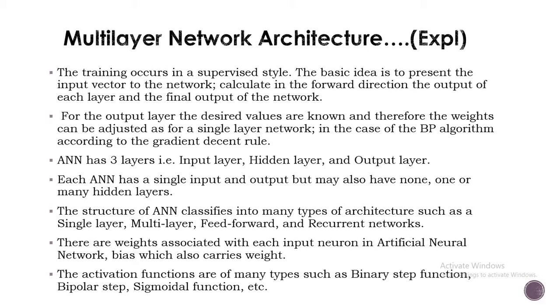There are weights associated with each input neuron in an artificial neural network, and bias also carries weight. In the hidden layer, the inputs come with the weights, the user-assigned weights. The activation functions are of many types such as binary step function, bipolar step, and sigmoid function.